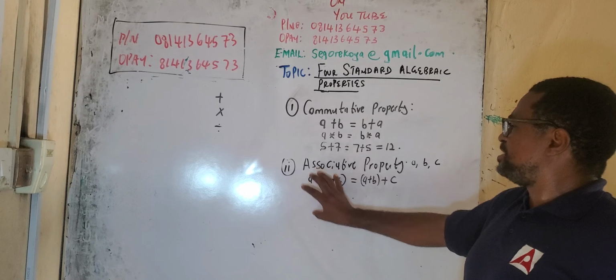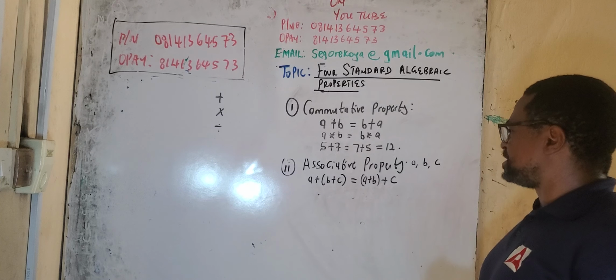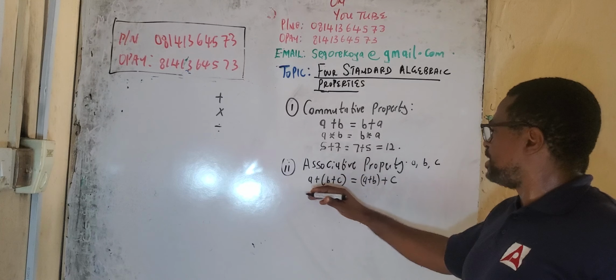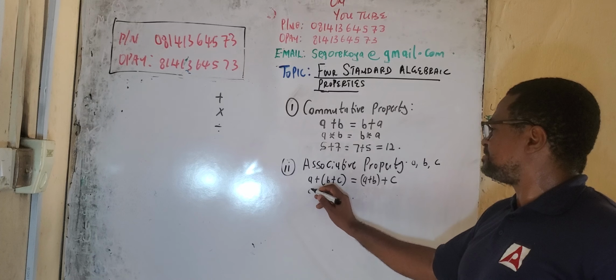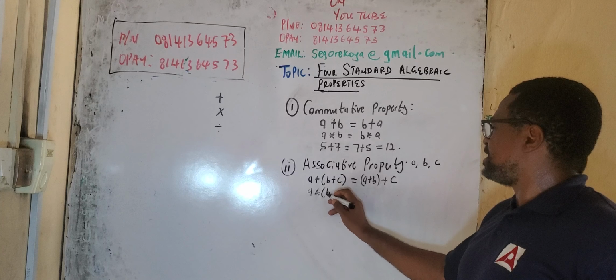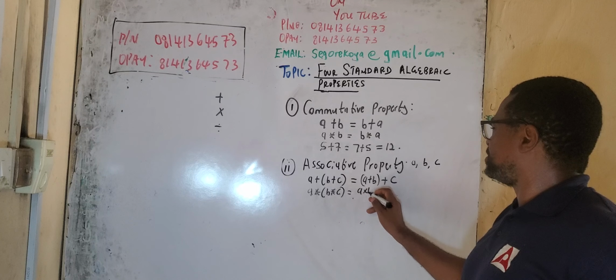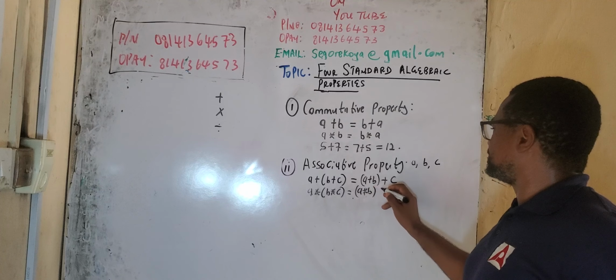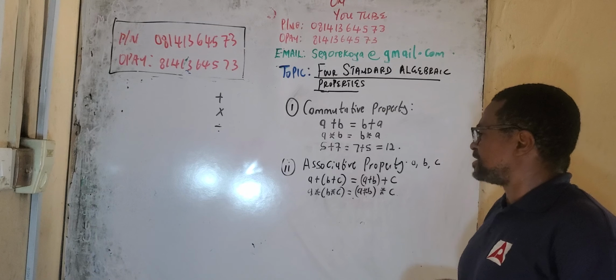We can take it to these 2 elements like this. So the operation remains the same. If you want to express it in terms of binary operation, we can say A operation B operation C is the same as A operation B in brackets, then operation C. This is called the associative property.